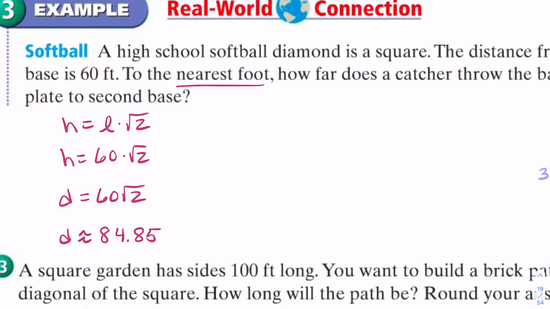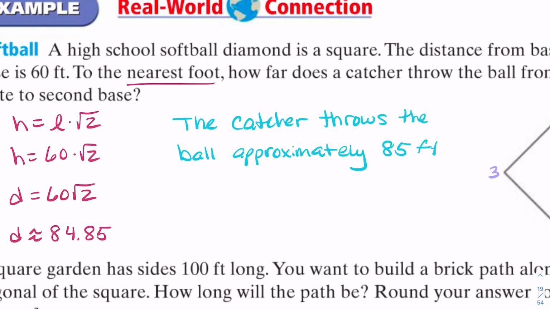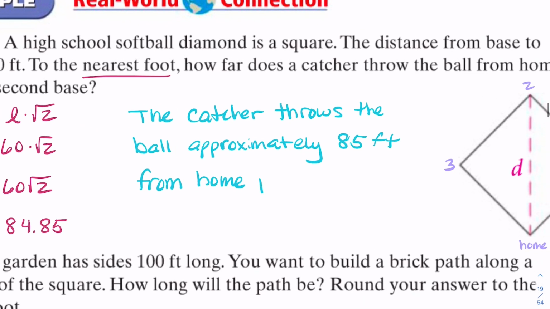We'll say the catcher throws the ball approximately 85 feet from home plate to second base.